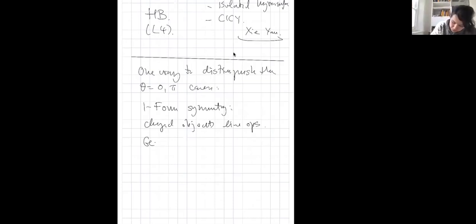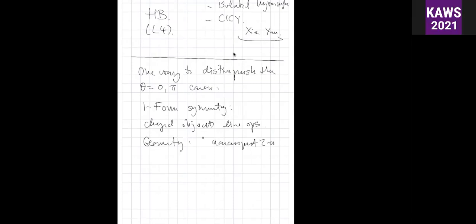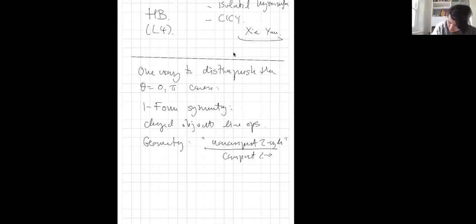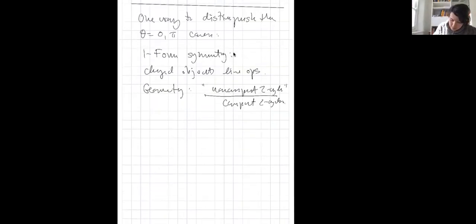So in the geometry, these are non-compact 2 cycles, which are basically the world lines of very heavy particles, modulo screening, compact 2 cycles. And this is something we discussed in a paper with Dave Morrison and Brian Willett.